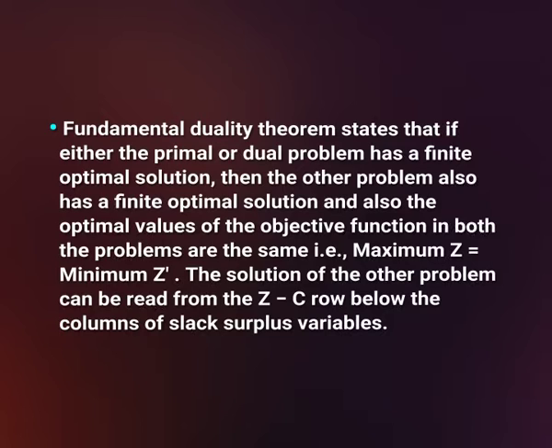That is, maximum z is equal to minimum z'. The solution of the other problem can be read from the z to c row below the columns of slack and surplus variables.